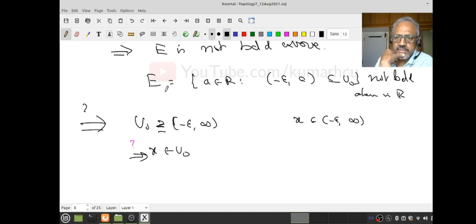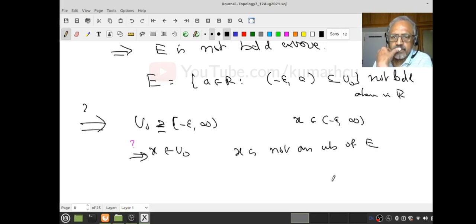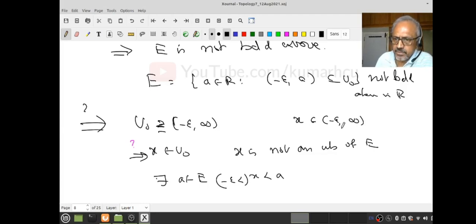The set E is not bounded above and X is a real number, therefore X is not an upper bound of E. If it's not an upper bound of E, what does it mean? That means there exists A in E such that X is less than A. Remember, my X is already in the interval minus epsilon to infinity, therefore X is greater than minus epsilon.